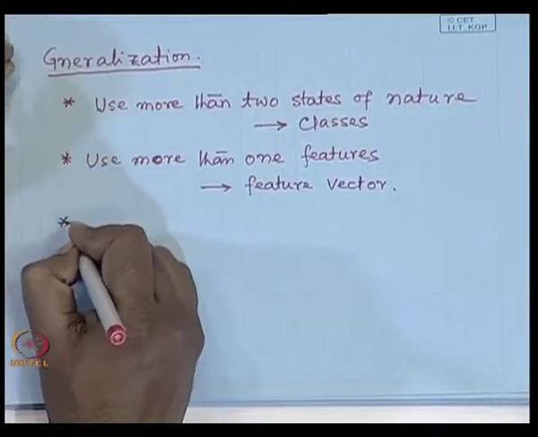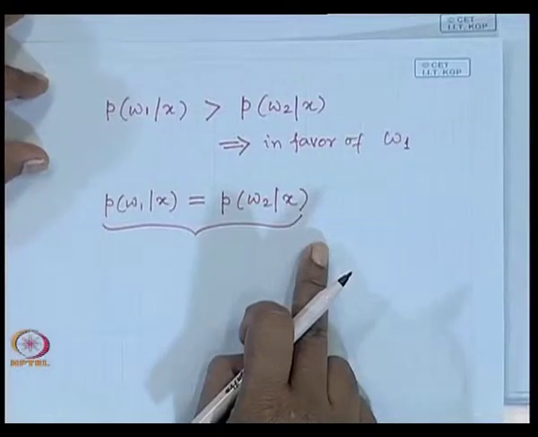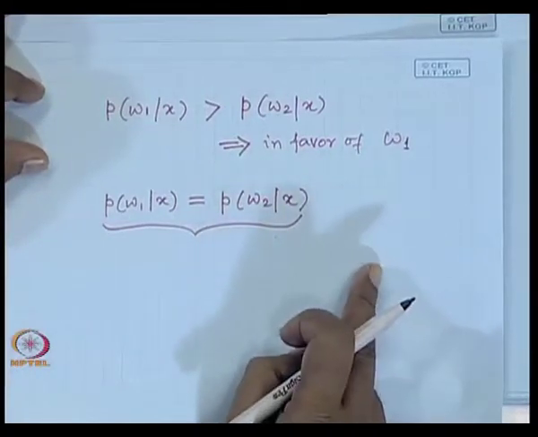The other generalization is, in the earlier case we had only two actions, that is either decide about class omega 1 or decide about class omega 2. Now we can allow a number of actions. In this case I have shown that if p of omega 1 given x equals p of omega 2 given x, I cannot take any decision.